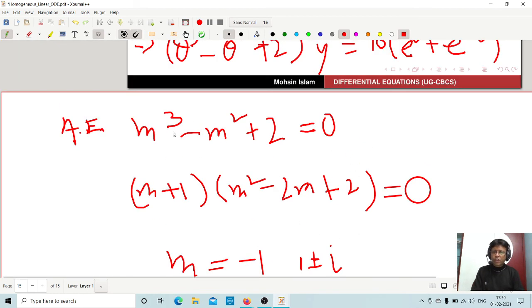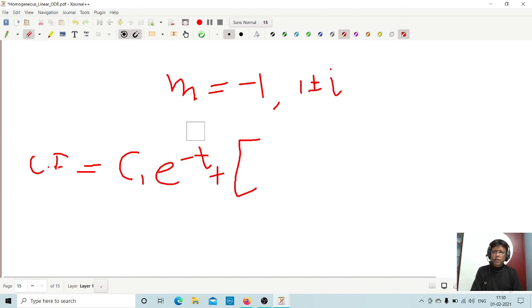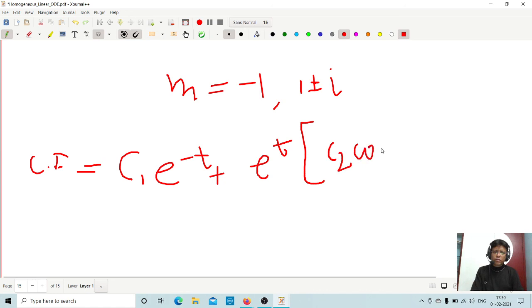Yeah, for a cubic equation I have at least one real root. So in this case, your CF will be C1 e to the power minus t plus, for complex roots, e to the power t into C2 cos t plus C3 sin t. C1, C2, C3 are arbitrary constants, right?